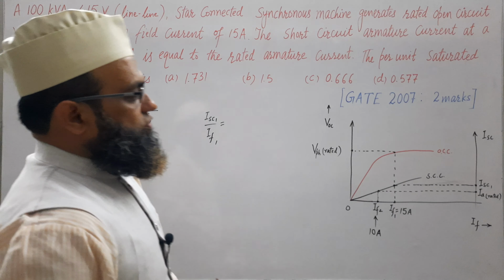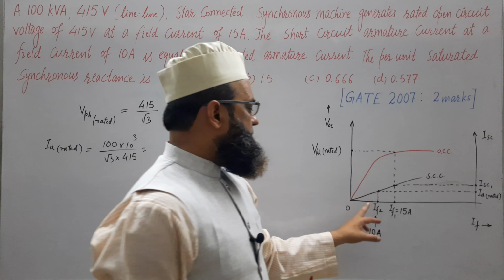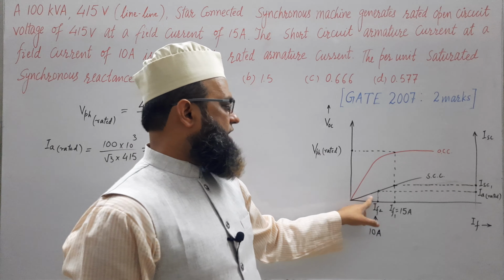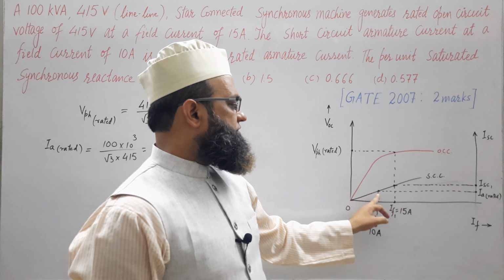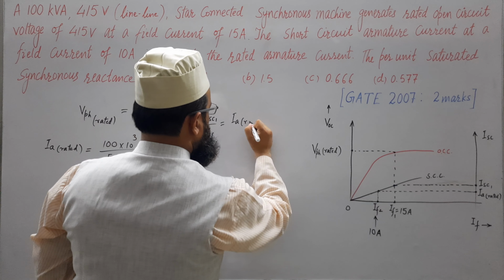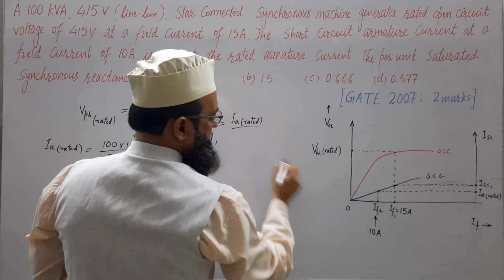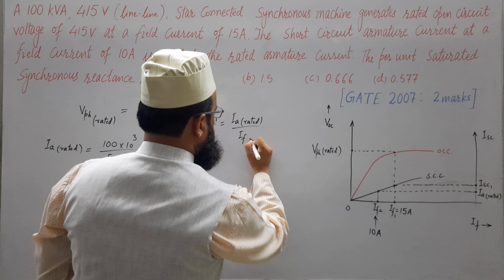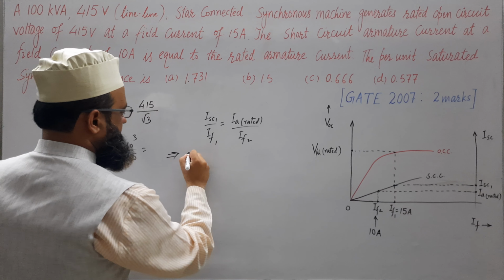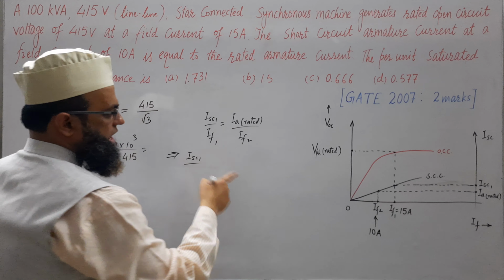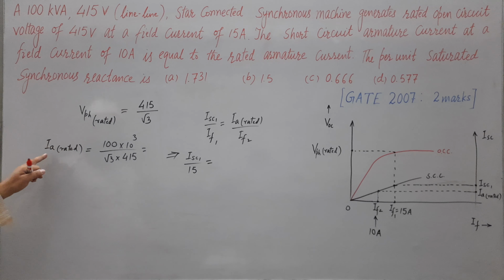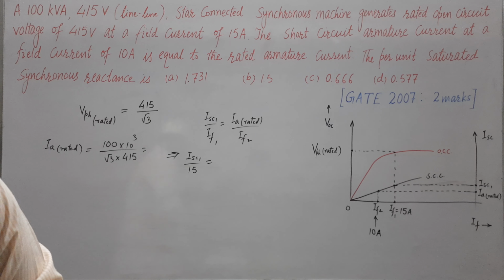In the triangle, tan theta will also give you IA rated upon IF2. This implies ISC1 upon IF1, which is 15, is equal to IA rated upon IF2.